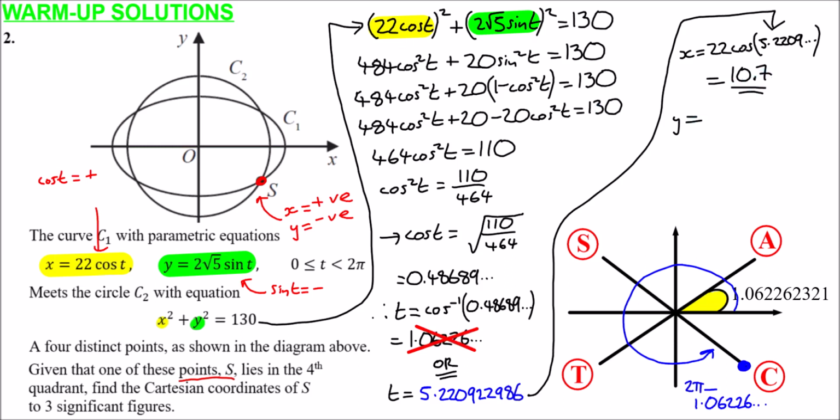and y. If x is 22 cos t, y, remember, is 2 root 5 sine of t, which will be 2 root 5 sine of 5.2209, and so on and so on.